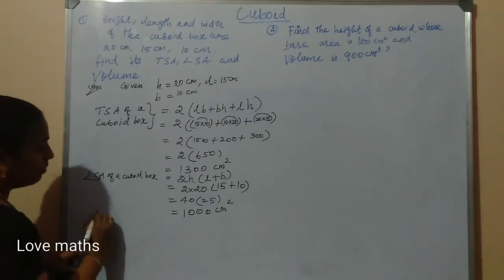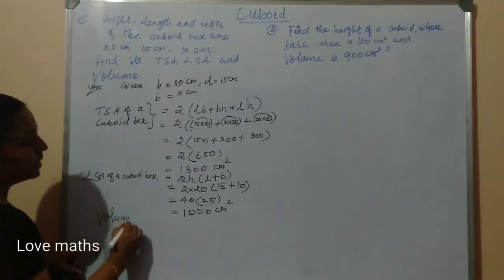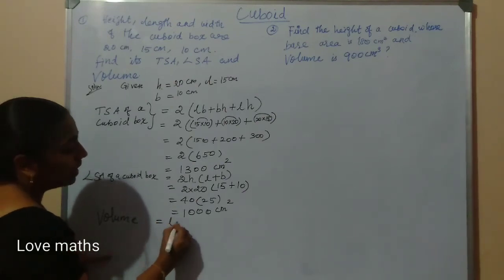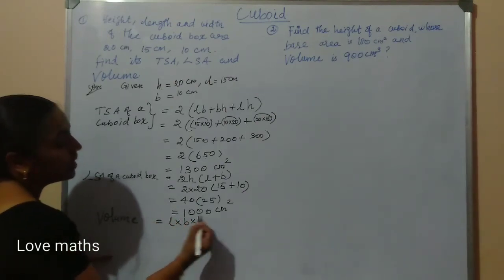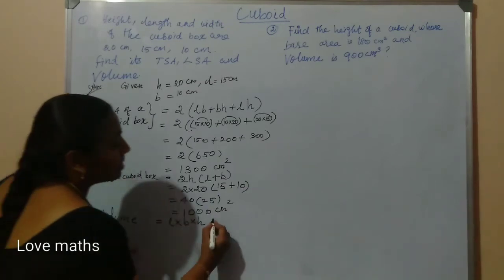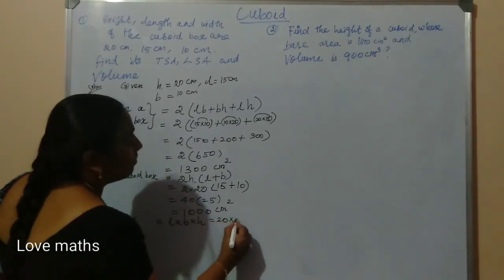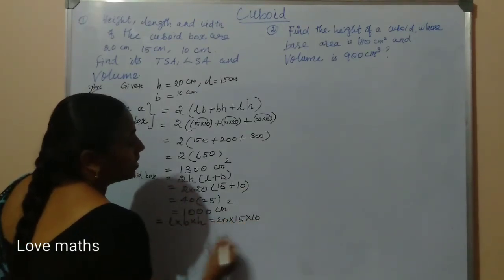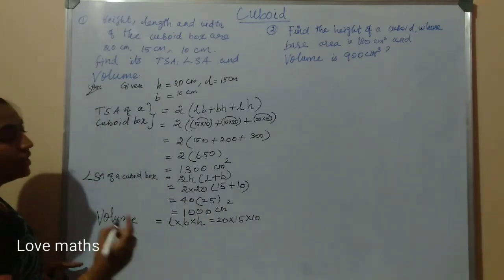Next we are going to see the volume of the cuboid box. Volume, what is the formula? L into B into H. Just multiply all the 3 values. That's all. So 20 into 15 into 10.